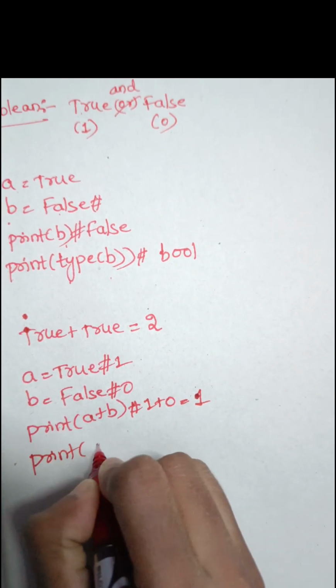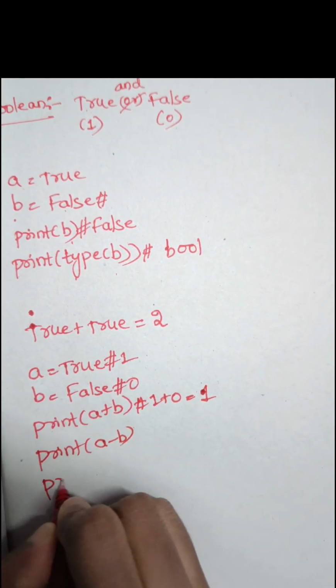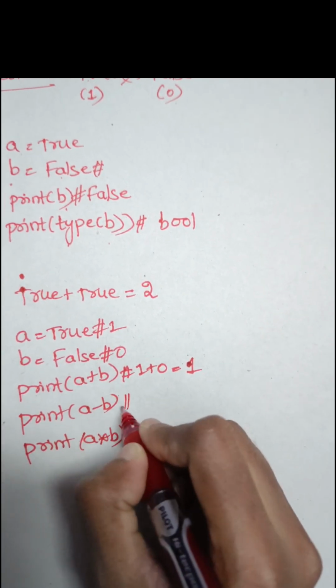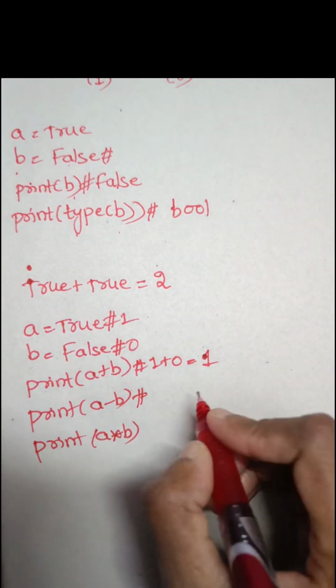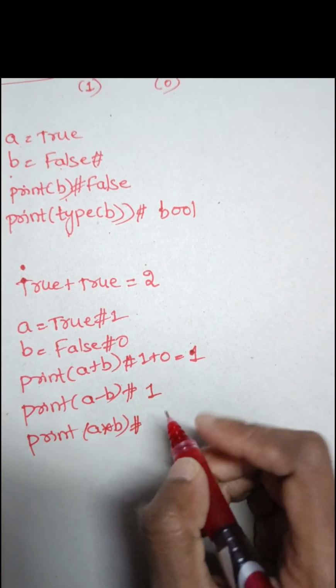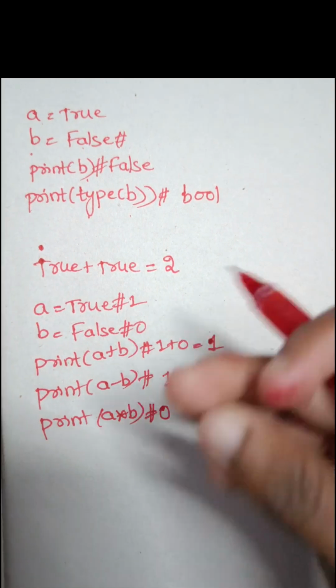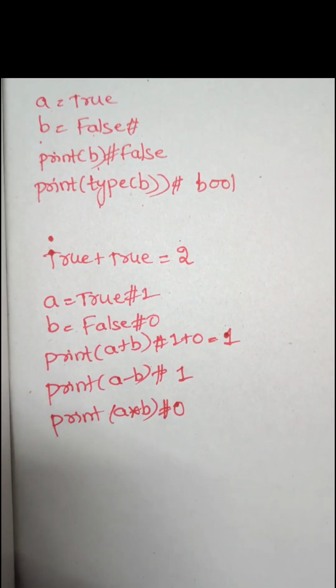Likewise, print of A minus B, print of A star B. That is nothing but 1 minus 0, 1. 1 into 0, 0 only. 0 into something is 0, right? This is how we will be taking the values.